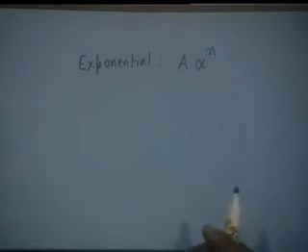In other words, if it starts from n equal to 0, the sequence is a, a alpha, a alpha squared, a alpha cubed, and so on. If it starts at n equal to minus infinity, then it starts from a alpha to the power minus infinity, then it reduces to a alpha to the power minus 1, a, then a alpha, a alpha squared, and so on.